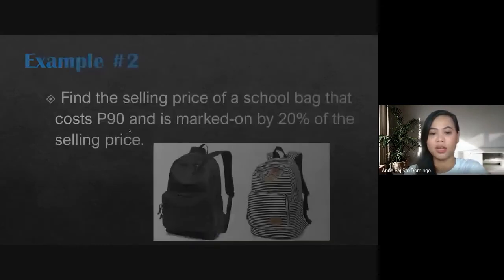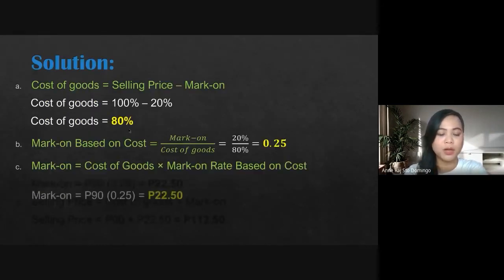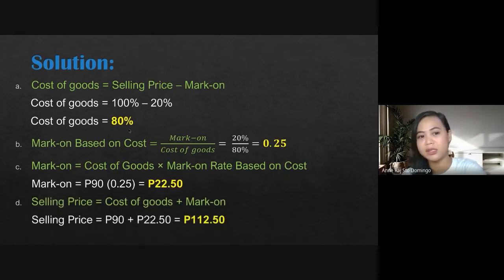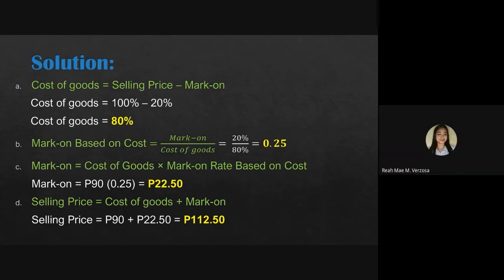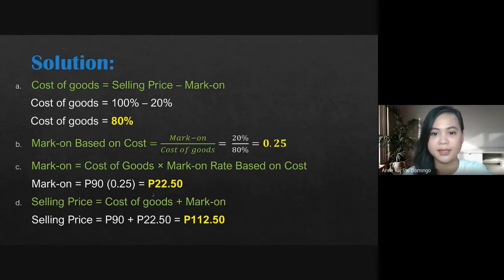So, kasi baka nagkaroon ng confusion doon eh. So, naintindihan kung paano makuha si selling price with given cost of goods and its mark-on rate. Naintindihan po? Yes po. Okay. Yes. So, kaya natin ginamit din kinuha din natin to para maipakita natin kung paano yung pagkuha ng iba, gaya nito.